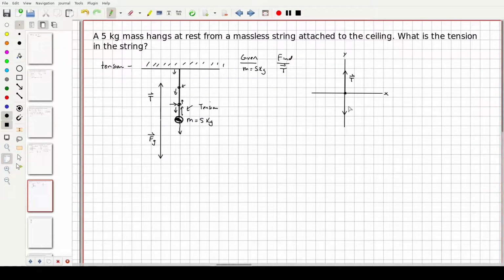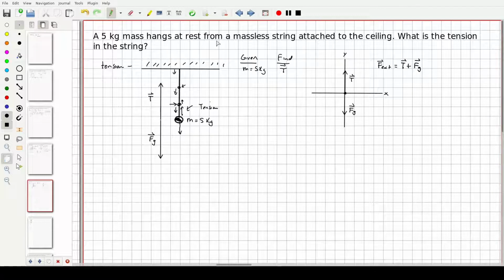Tension, weight. Now, just like before, we add up all of the forces to get the net external force. In this case, when we add up our forces to get the external force, there are only two: tension and weight.